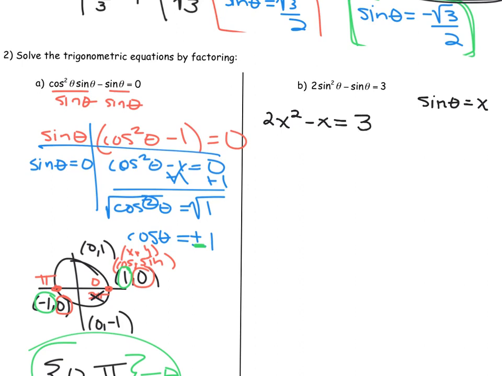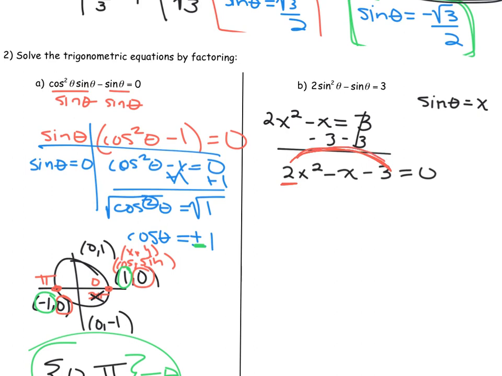Remember, when we solve a quadratic, we got to set it equal to 0. So I'm going to subtract 3 over on both sides. So I'll have 2x squared minus x minus 3 equals 0. Now, notice that our leading coefficient here is not 1. So we have to do either tricky trinomial method or factor it by grouping. So I'm going to do my factor by grouping method.